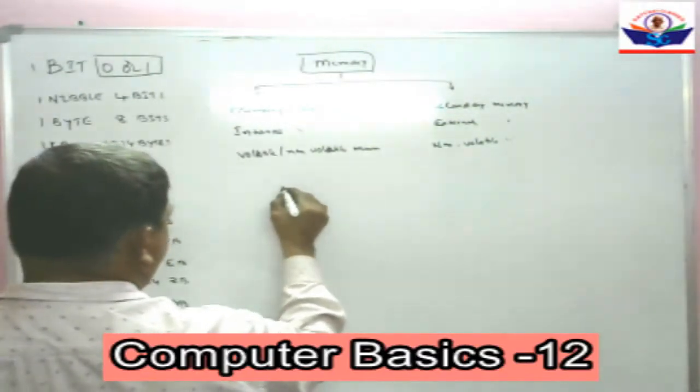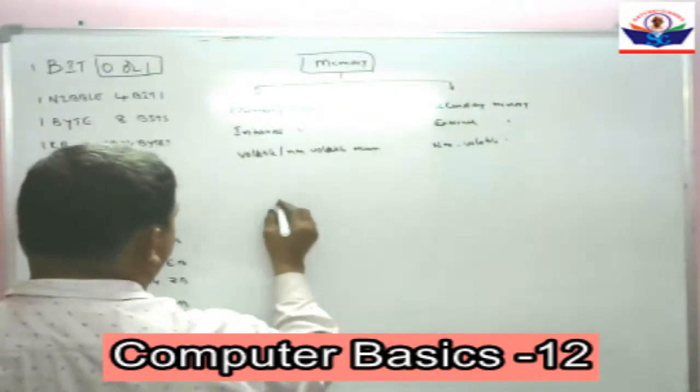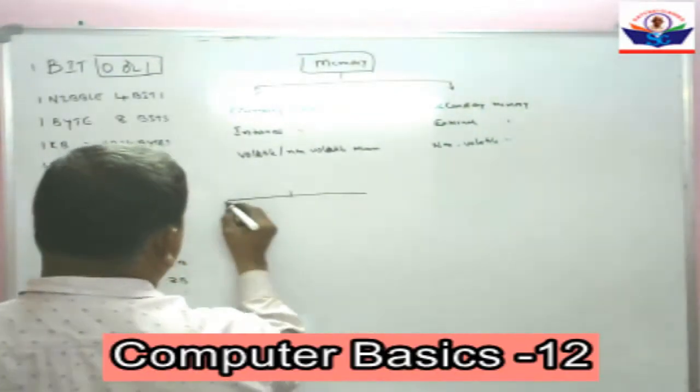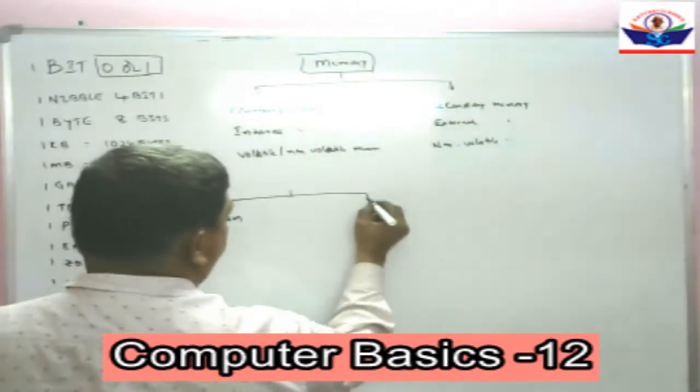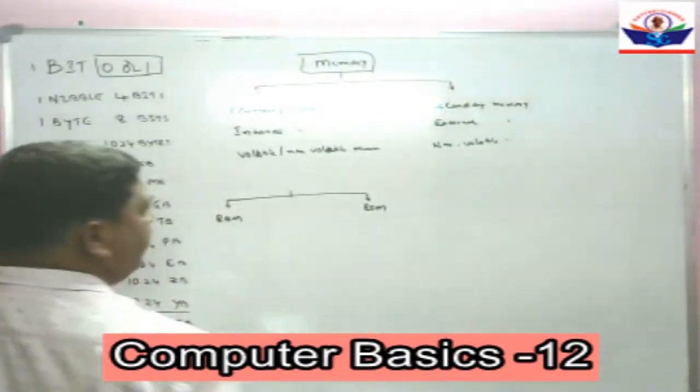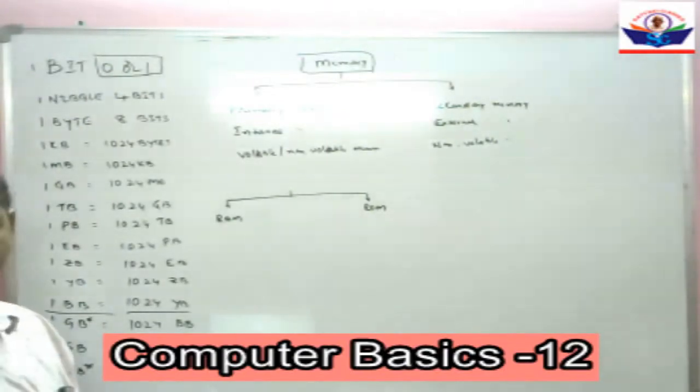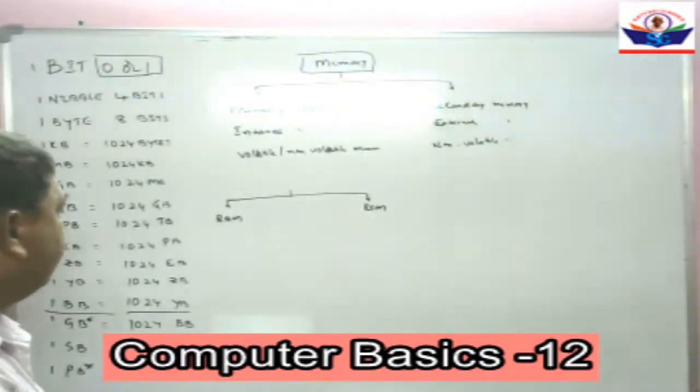Under primary memory we have RAM and ROM.